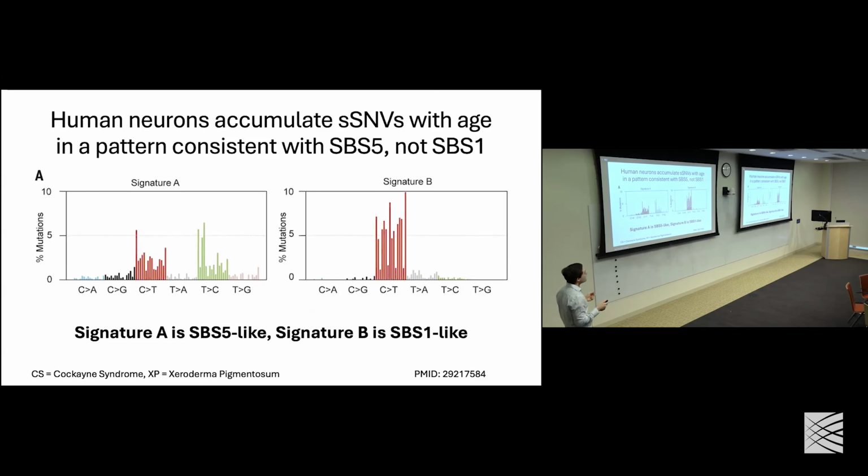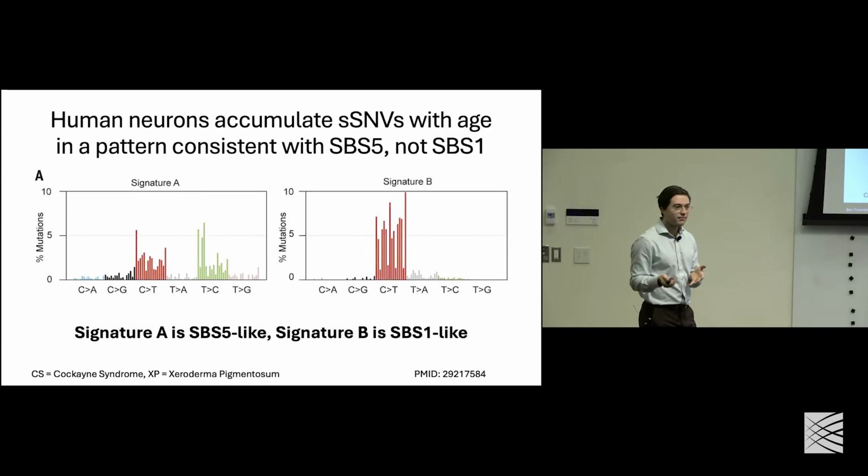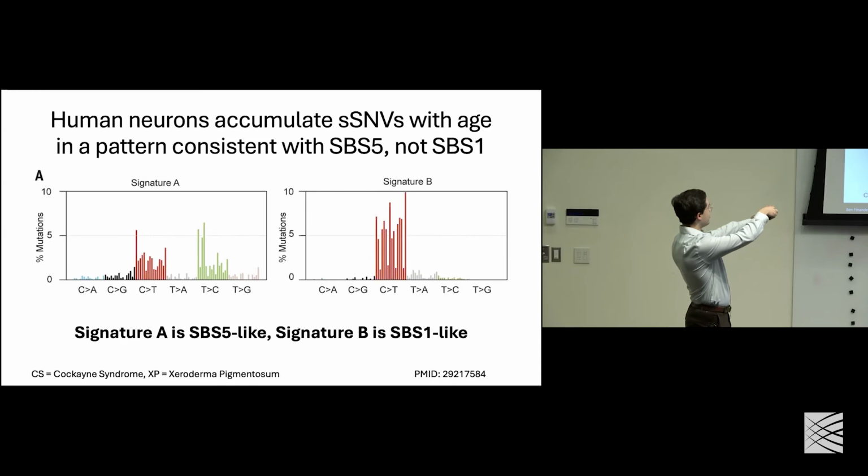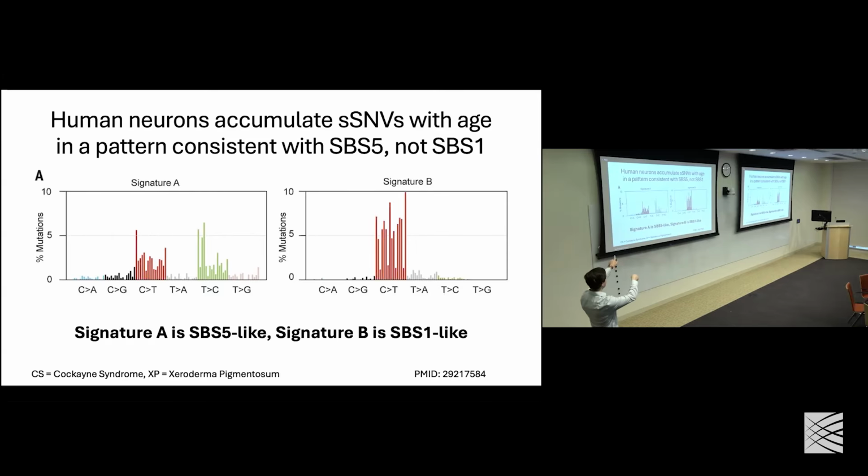And once again, we can do our signature analysis. So we extract two signatures. This time we find one, signature A, which is a lot like SBS5, and signature B, which is a lot like SBS1. And then we could do the same test: which of these processes is driving the age-related accumulation of somatic mutations.